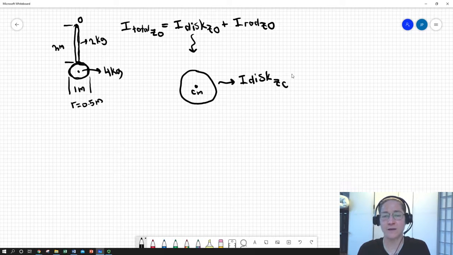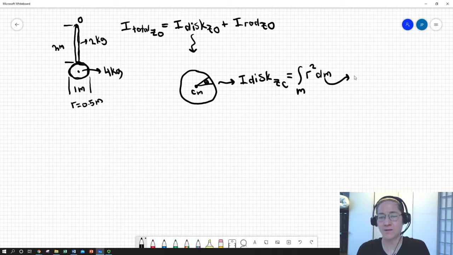zc, meaning about its center of mass, is equal to the integral over the mass of the radius squared from that center point to any little mass bit there, dm. Okay, so the challenge again becomes defining the mass unit.